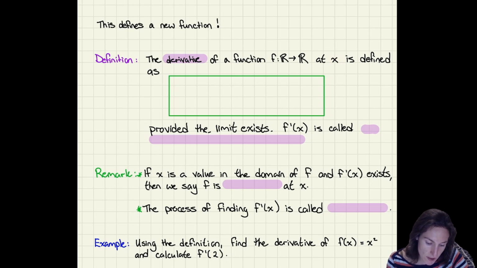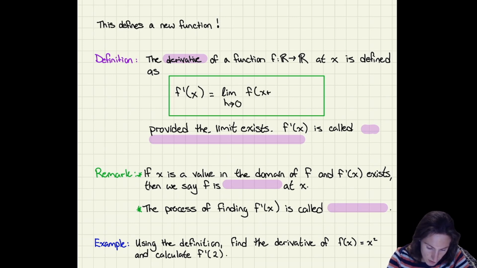So the derivative of this function is, in terms of notation, I call it f prime of x, and then this is equal to the limit as h approaches 0 of f of x plus h minus f of x, all divided by h.